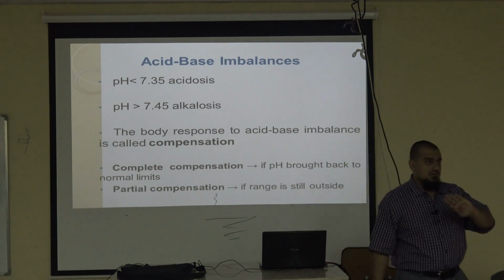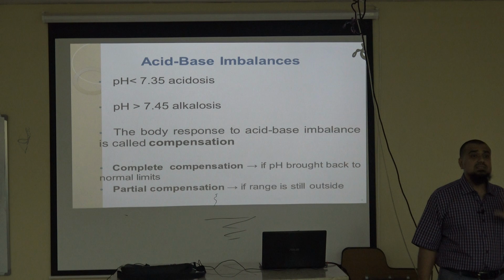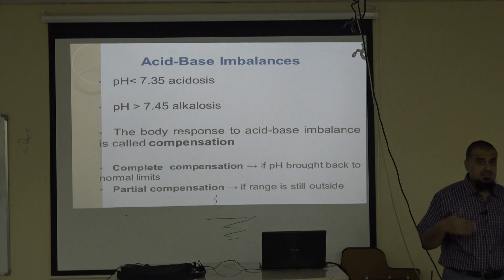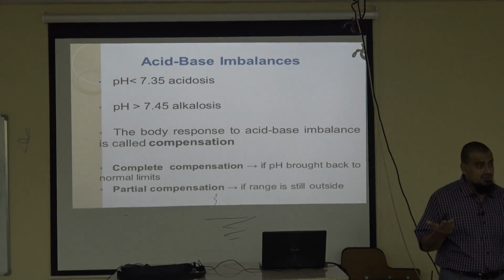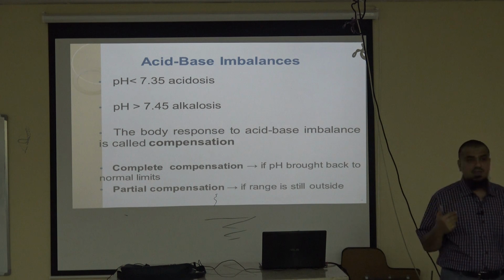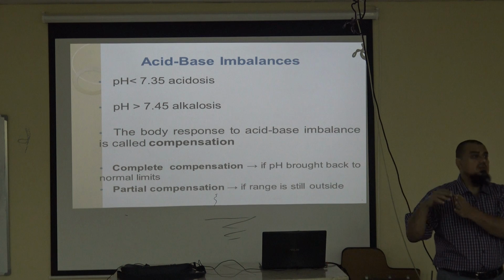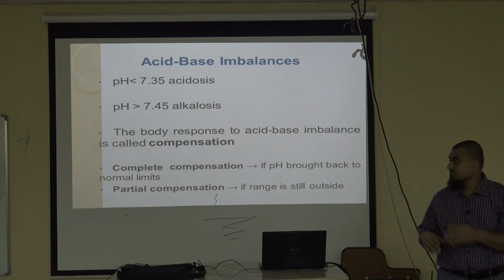Now we come to acid base imbalances. I told you when the pH drops, it means acidity in the blood, which is called acidosis or acidemia. When the pH increases, it causes alkalosis.